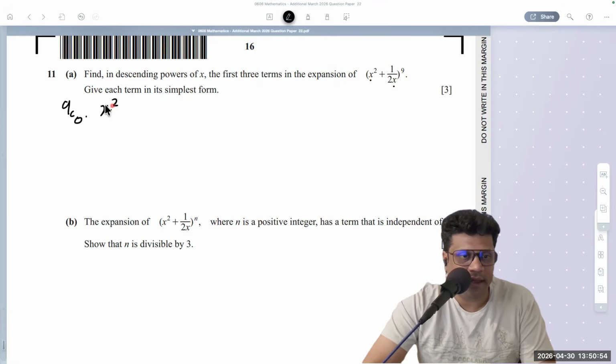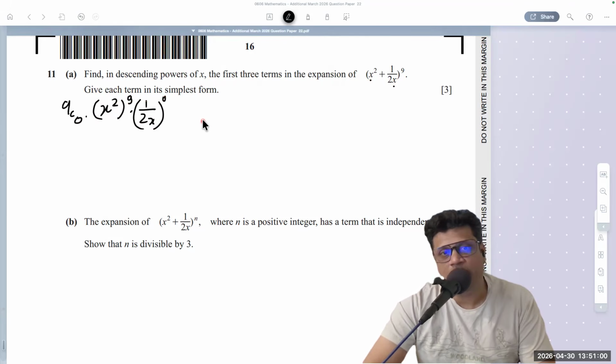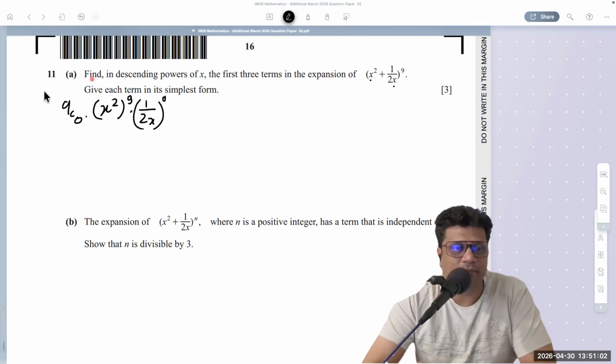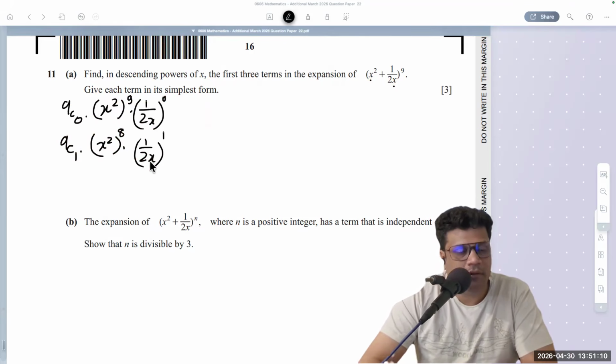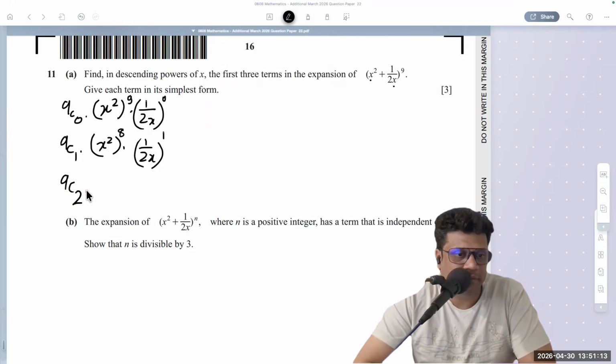So you go x squared to the power of 9 and 1 by 2x to the power of 0. That's where you have the term with the maximum power on x. The other one is going to be 9c1, x squared to the power of 8, and 9c2, x squared to the power of 7, 1 by 2x to the power of 2.